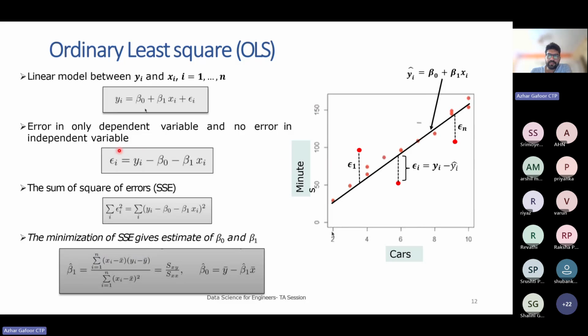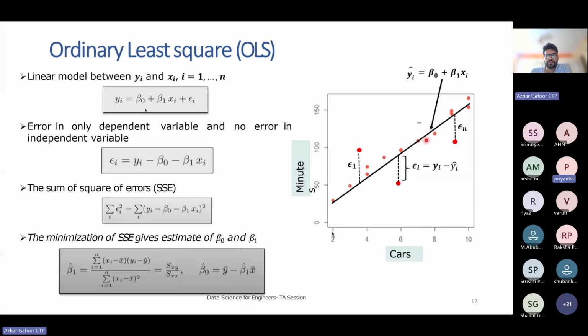The error is calculated by the difference between y1, which is the actual minutes, and the defined line. Beta naught and beta 1 are the parameters of the line. Finally, what we want to do is minimize the error. If you calculate the distance from each point to the line and sum it, we get the total error.